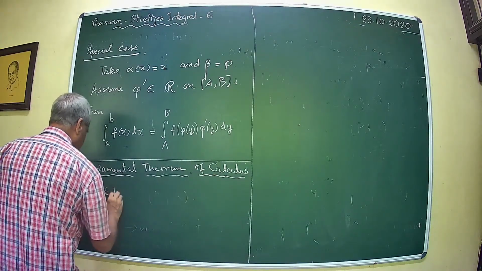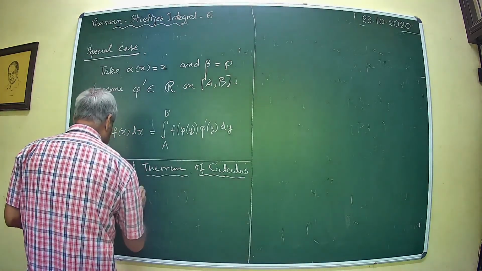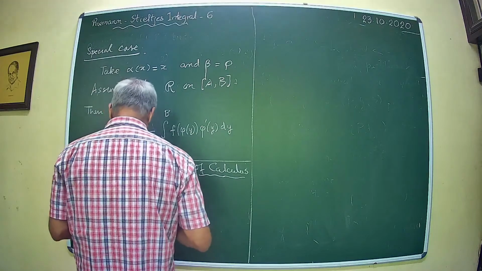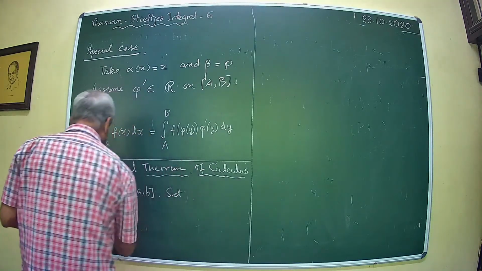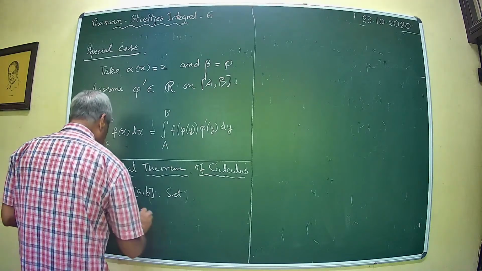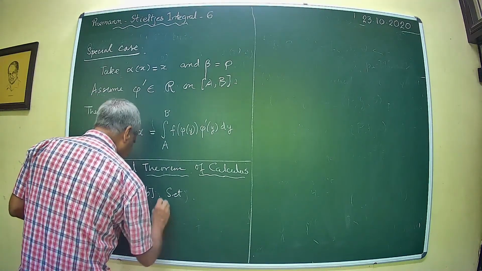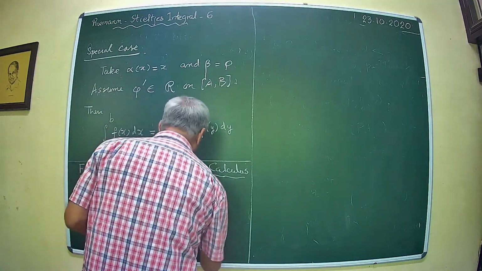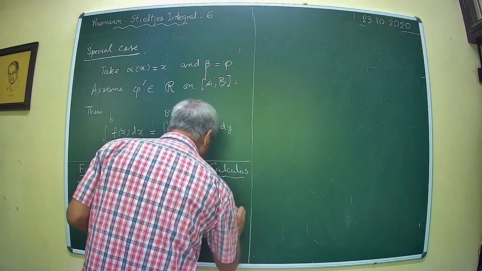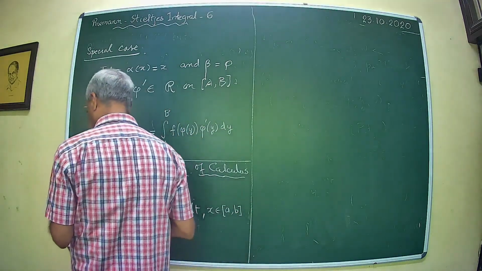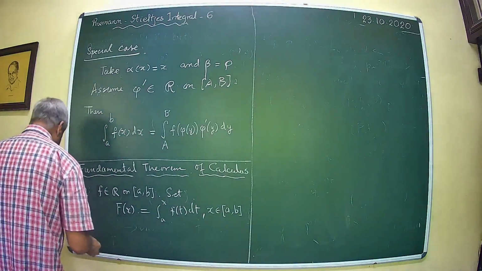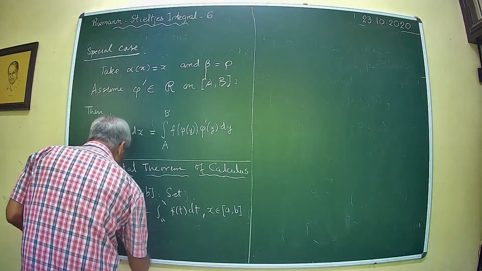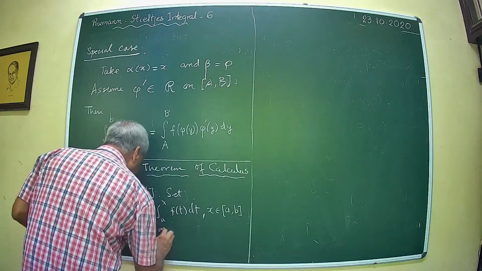Theorem: suppose f belongs to the Riemann integrable functions on AB. Set F(x) equal to the integral a to x of f(t) dt, x belonging to the interval AB. This implies F is continuous on AB.